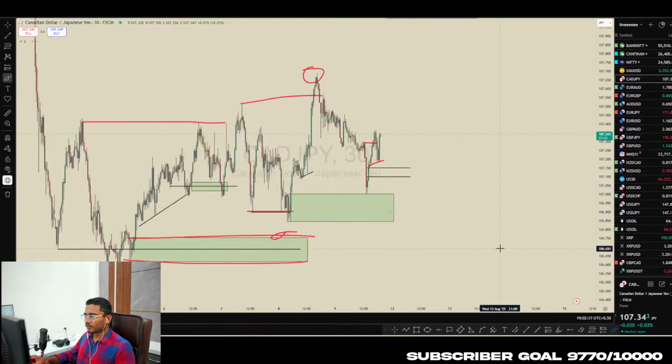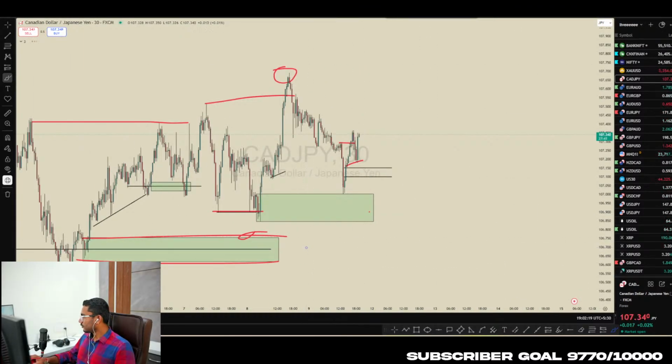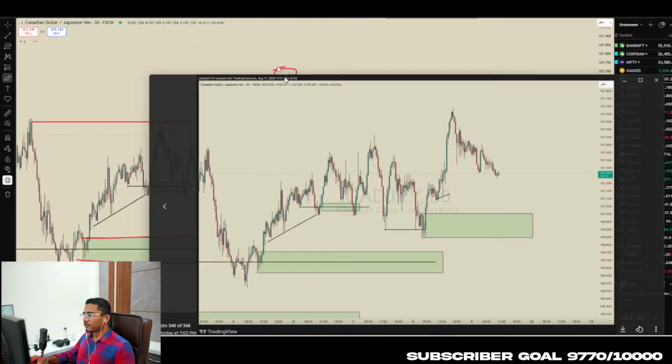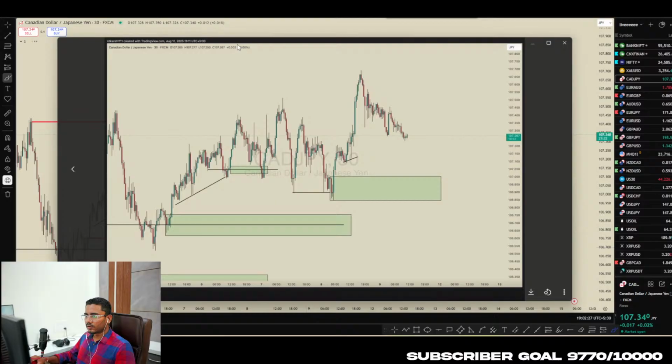CAD JPY is continuing to the upside. So this is the chart I shared in the group. It's the same analysis. Here you can see this is 11:11 in the morning.